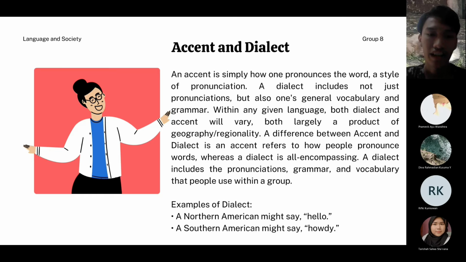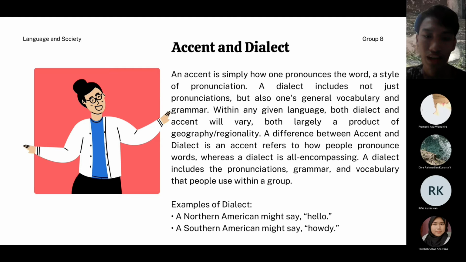Accent and dialect. An accent is simply how one pronounces the word, a style of pronunciation. A dialect includes not just pronunciation, but also one's general vocabulary and grammar. Within any given language, both dialect and accent will vary, both largely a product of geography or regionality.